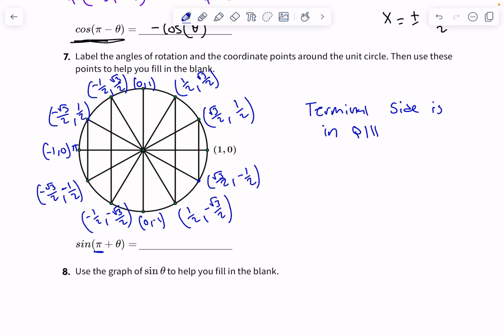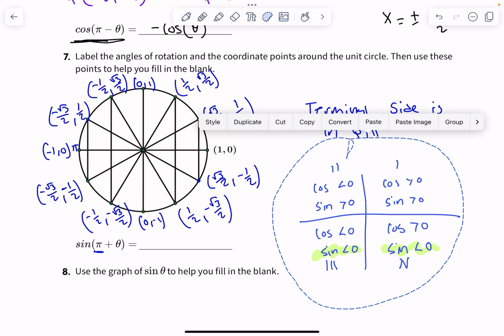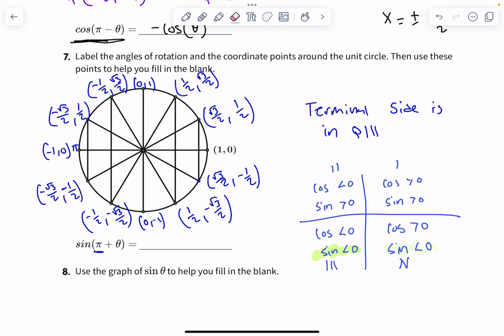So sine is going to be what in quadrant 3? Sine is negative. So this is the one we care about right now. Sine is negative. Okay? So that's going to help us think about some stuff. Now, let's talk about this data right here. If this is theta, my angle of rotation is coming from here.